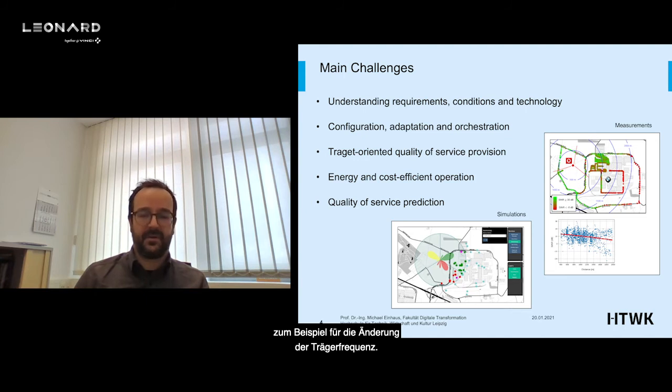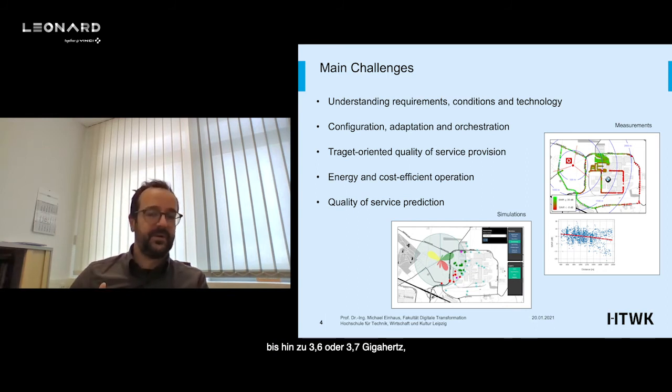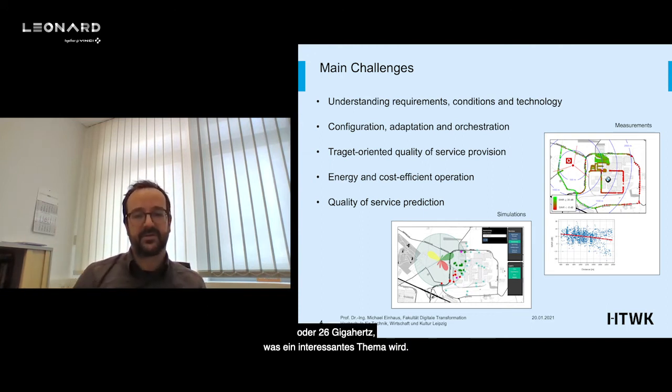For example, changing the carrier frequency: 700 megahertz, 2.1 was mentioned before, up to 3.6, 3.7, or 26 gigahertz, which becomes now an interesting topic. These have completely different propagation properties, depending on the environment. So you have to understand these conditions, you have to understand the technology, and you need mutual understanding. So on this level, we basically need a lot of harmonization, also transnational.